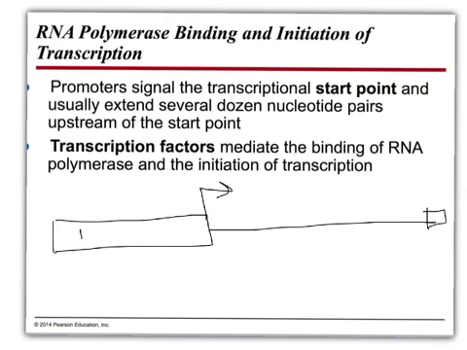So this would be your promoter. And there are certain elements within a promoter which are important. Promoter is basically anything upstream of the start point that helps regulate the expression of this gene.